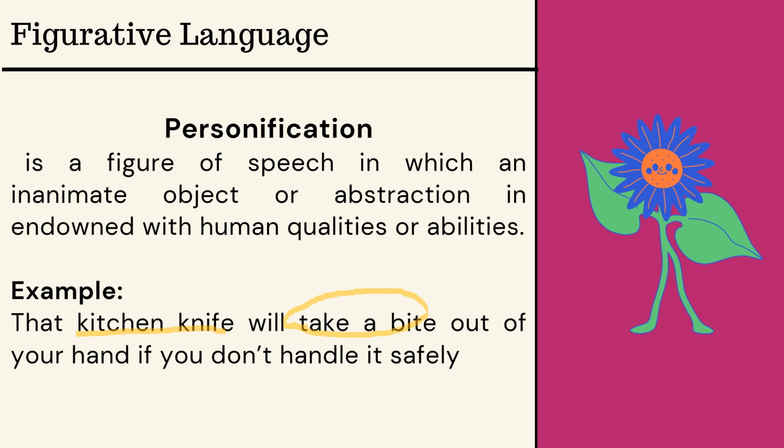Or the clouds are crying, the skies are crying. It means it rains, but we are describing the event through giving an inanimate object like clouds the ability of a human, which is crying. Okay, so that's personification, giving things that are not human human abilities.